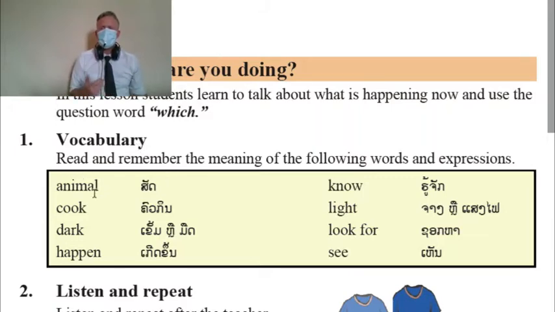So the first word that we have here is animal. Now, animal is something you know already, but listen carefully to my pronunciation. Animal.